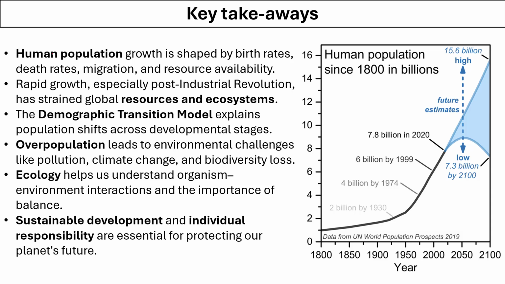So today we learned about what are the factors that affect population growth, especially the human population, and what are the impacts of rapid increase in the population, and how we can use different kinds of demographic transition models to study populations of an area.